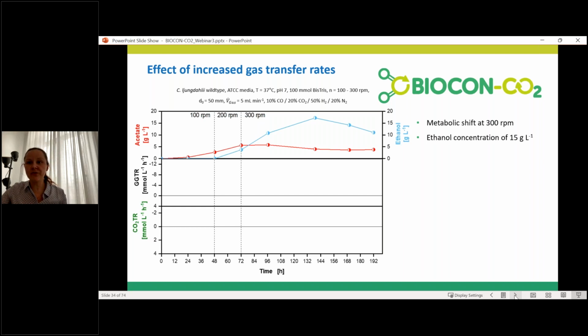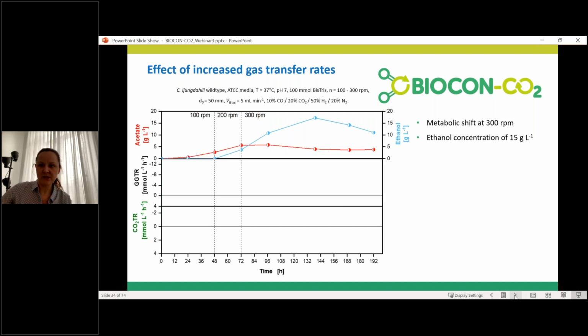So looking at the offline data, we measured the product concentrations. We do see that with an increasing shaking frequency from 100 to 200 to 300 RPM, the acetate production is increasing from 100 to 200 RPM, but will stop if we increase the shaking frequency further. Just as a reminder, an increased shaking frequency results in an increased gas transfer rate.